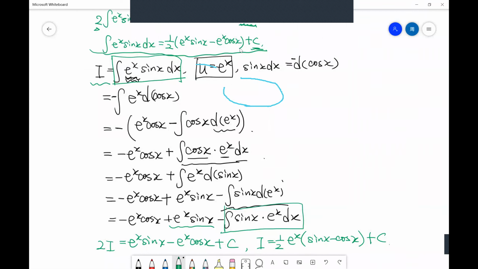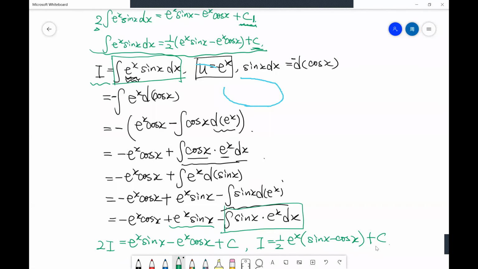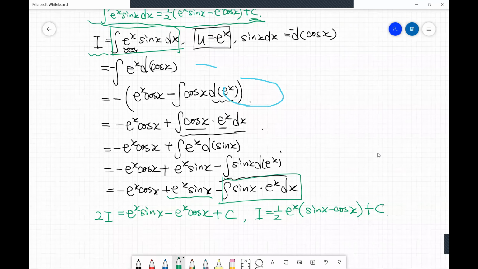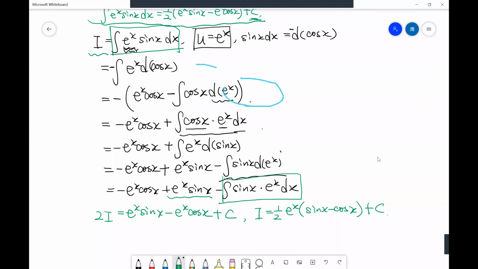The same result here. So here are two ways to solve it. Any way is okay. You can choose the trig function or the exponential function as you like. Which one is okay? Any questions about it? No questions, right? Okay, so for now, we have learned two skills to solve indefinite integrals.